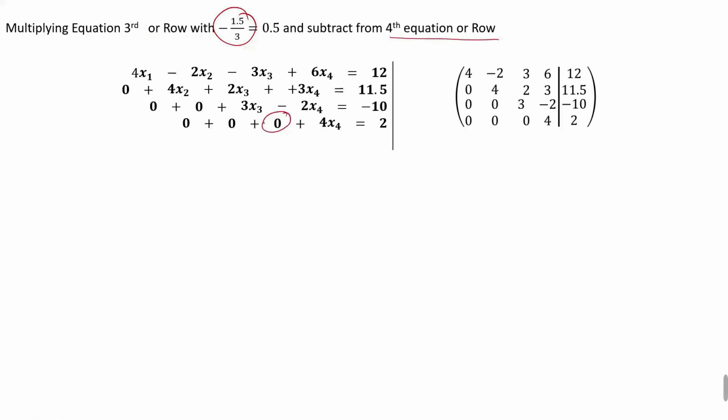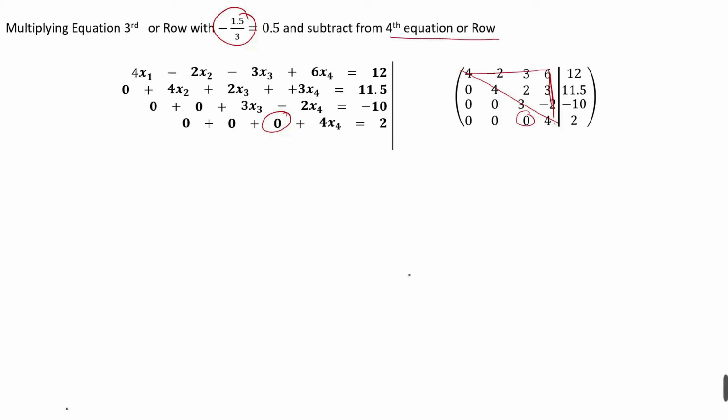Here we can see that the term including the variable x3 is eliminated, and the term below the diagonal element is eliminated, and we get the upper triangular matrix, the upper triangular form.